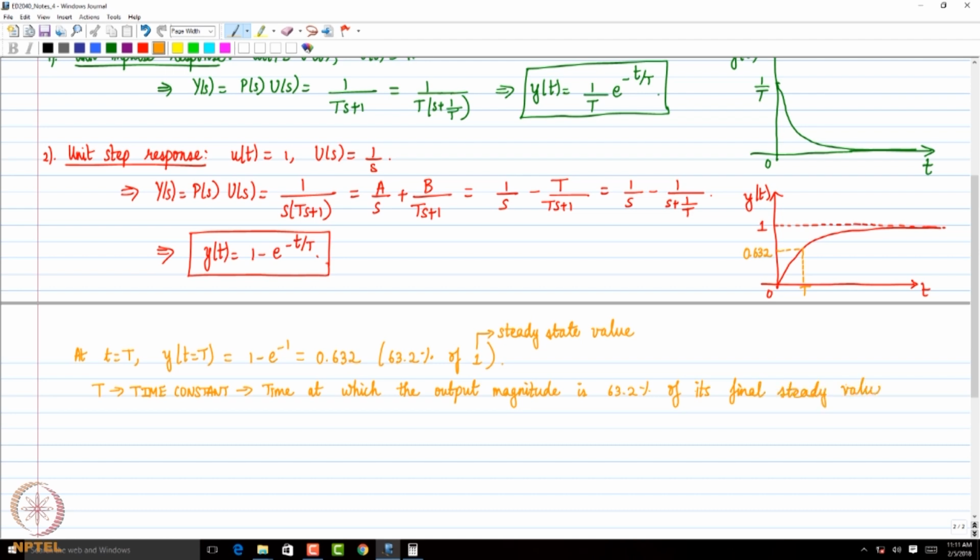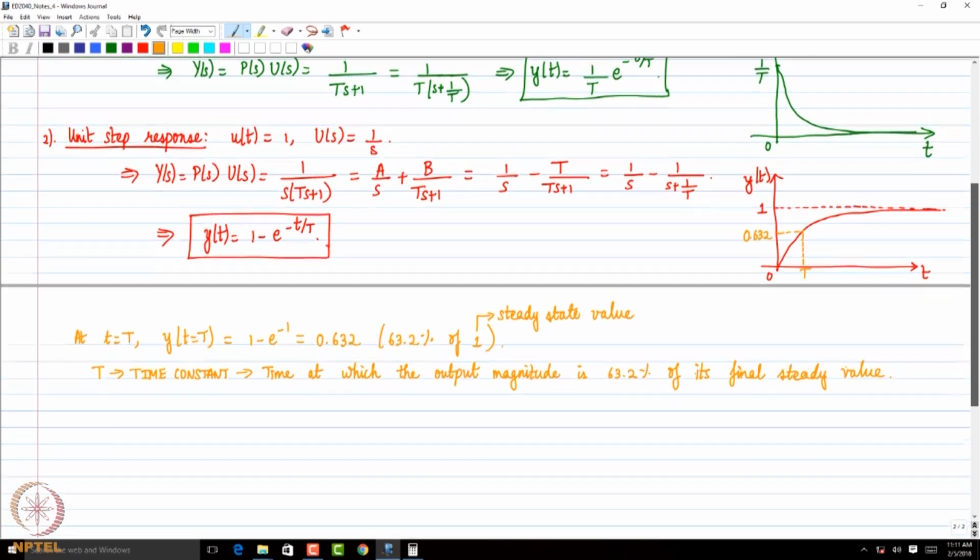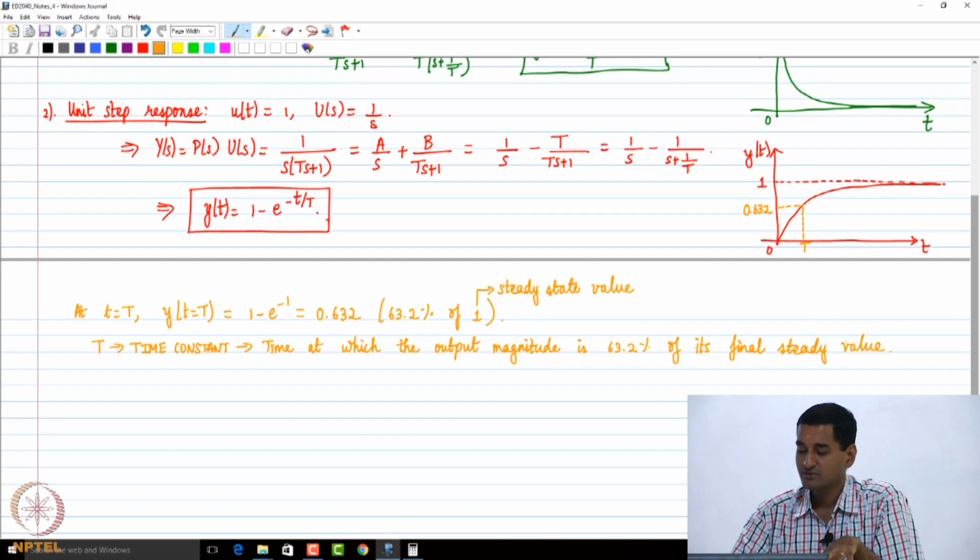Of course, what goes without saying is that this is for a stable first order linear time invariant system, right? Because that's the system we are analyzing. I don't want to keep on writing the same thing again and again. Our premise is that we are dealing with a stable first order LTI causal system. So for that class of system, the parameter capital T is what is called the time constant, and its definition is this, right?